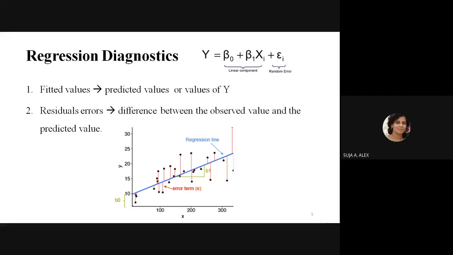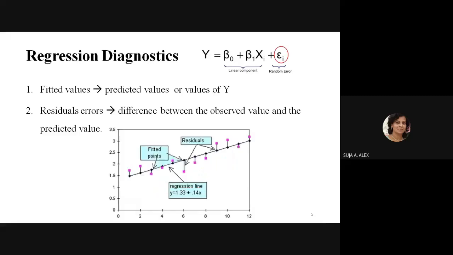So some data points exactly fitted on the line are called fitted values, and few data points deviate from the straight line, called residual. So the error term E will be added to the existing linear equation. This residual error tells more about our data. The residual error is the difference between the observed value and the fitted or the predicted value.